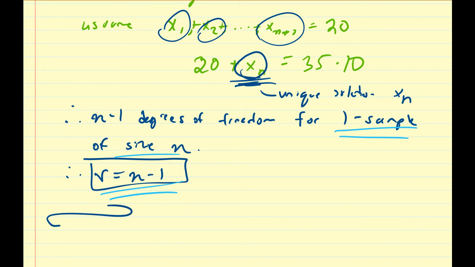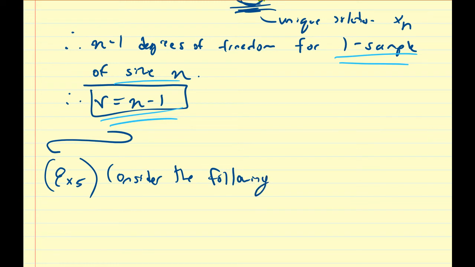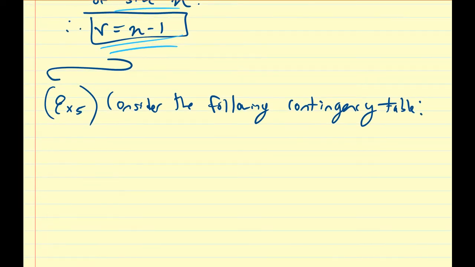Let's take another example to illustrate this idea. Consider the following contingency table. Let us consider genders, say male and female.